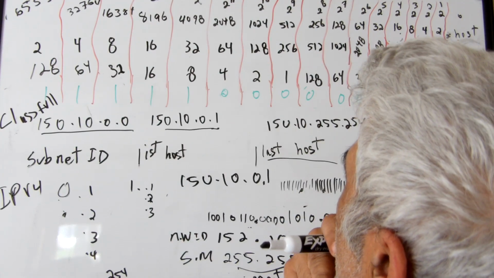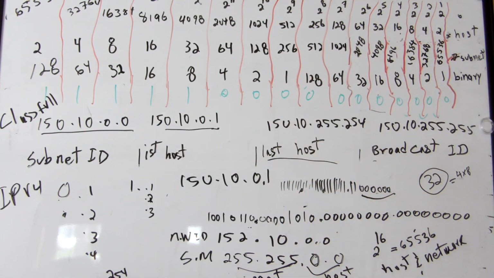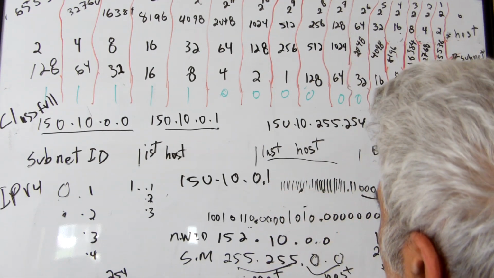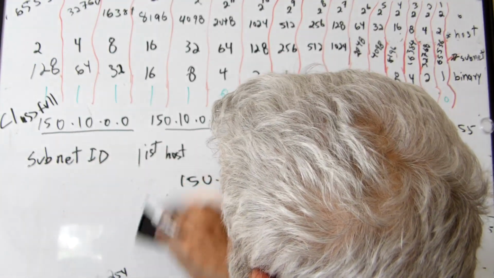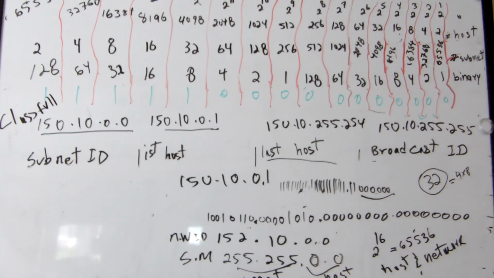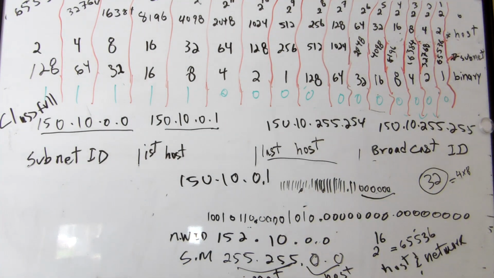So what you want to do, if they give you a network ID, and then they say, we want the number of subnets, the number of hosts, they give you some information, and then from the information you have to do subnetting.